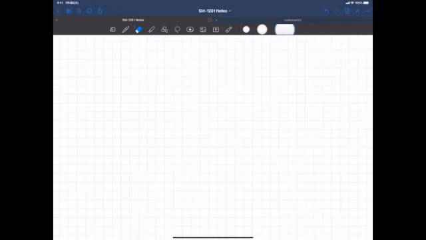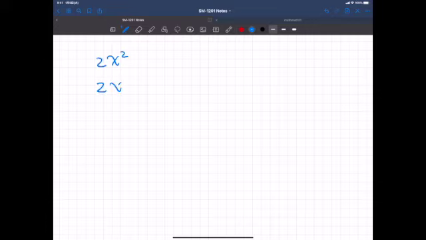We use this little o notation when we are interested in some qualitative behavior of a function rather than quantitative behavior. For example, suppose we have these functions: 2x squared, 2x squared plus 3x cubed, or 2x squared minus 4x to the power of 4, and so on.